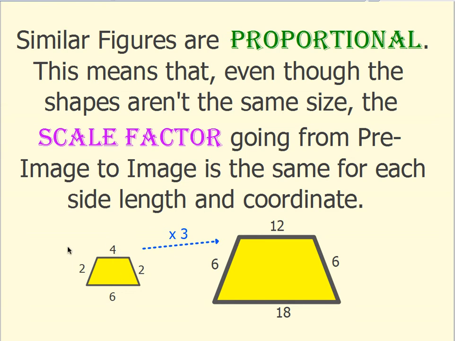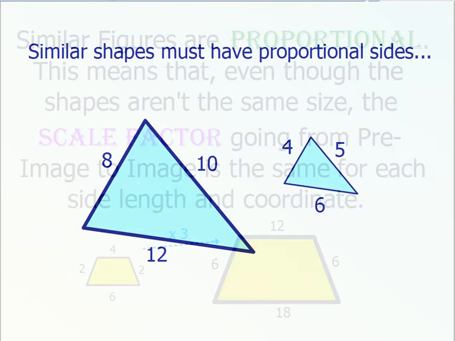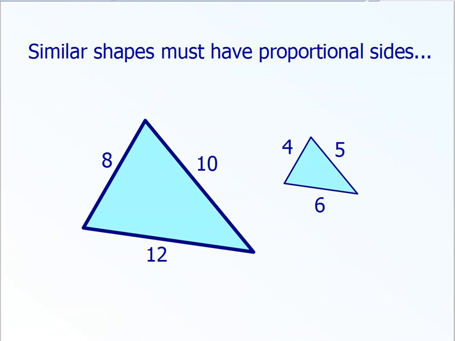If I take this smaller trapezoid as my pre-image and the larger one as my image, looking at all the corresponding sides, you can see that the side lengths have been multiplied by a scale factor of 3. 4 goes to 12, 2 goes to 6, 6 goes to 18, and so on. Similar shapes, I can't say that enough, they have to have proportional sides.